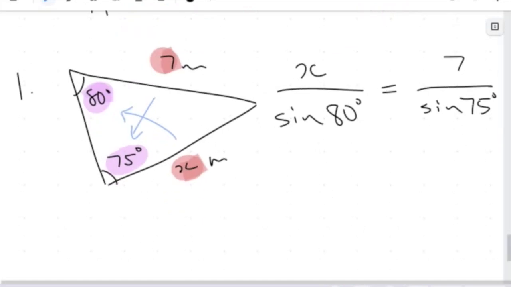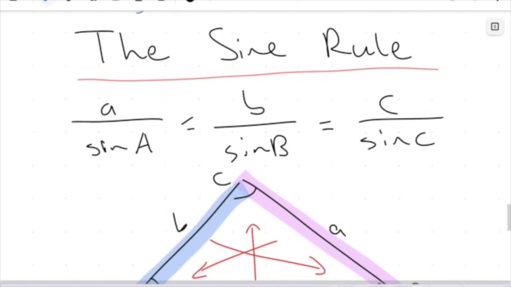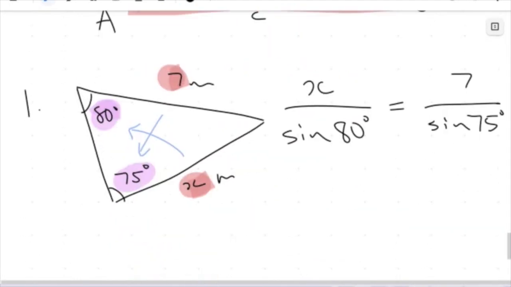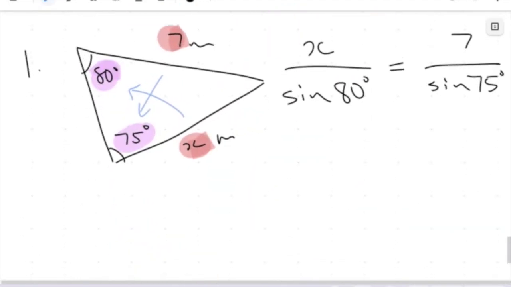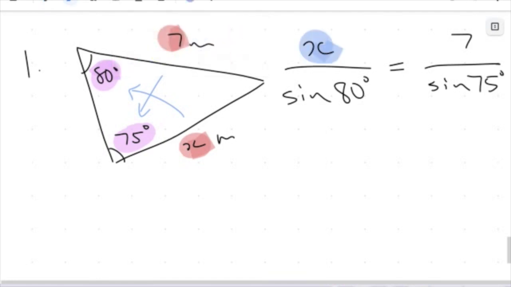Okay, so now I've got this set up in the way of my sine rule. I want to isolate the x here, to get it on its own. Now here it's dividing by sine of 80 degrees. We've learnt from equations that if this is dividing by sine of 80, we can multiply both sides by sine of 80, and that is going to give us x on its own.